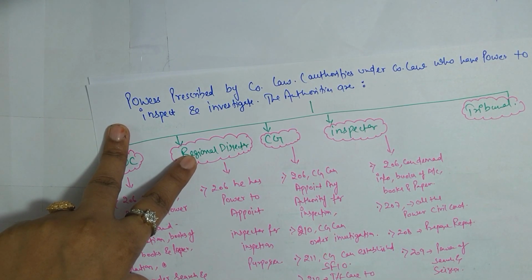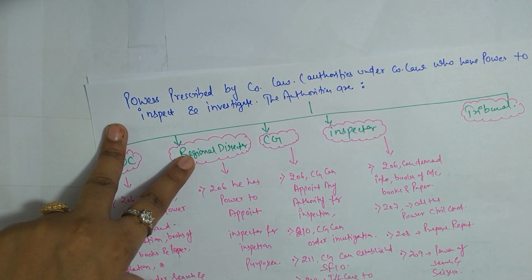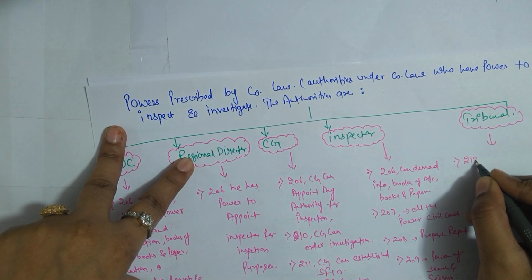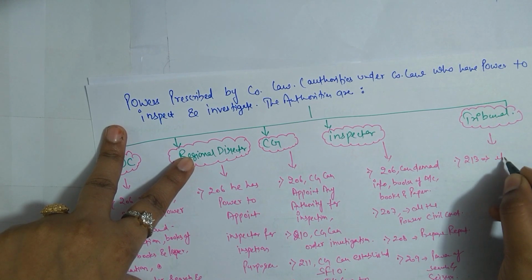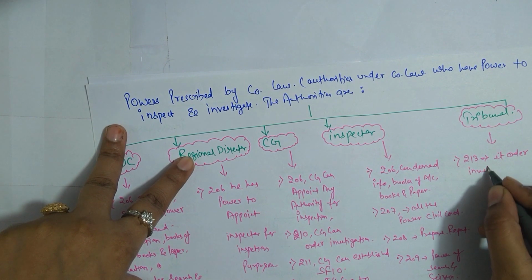Section 216, verify. He can verify ownership of the company, which type of ownership a company can hold. Fine. And under tribunal, section 213 is entertained. Here, tribunal can order investigation.